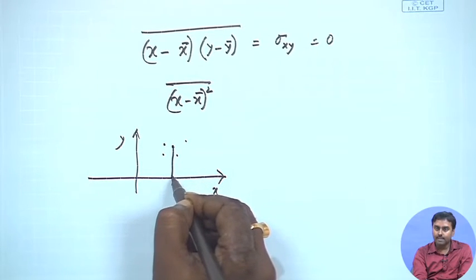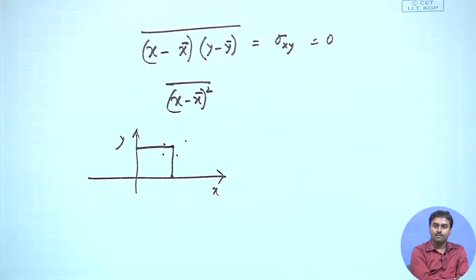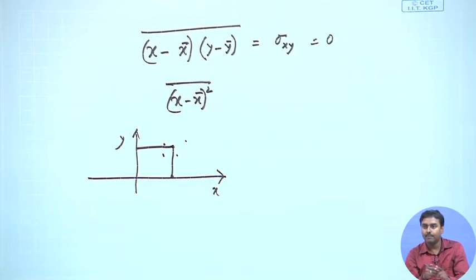A particular point corresponds to the temperature on that day and the amount of soft drinks sold. Every point represents a particular day, a sample value of this joint event. I am measuring two random numbers and plotting them.